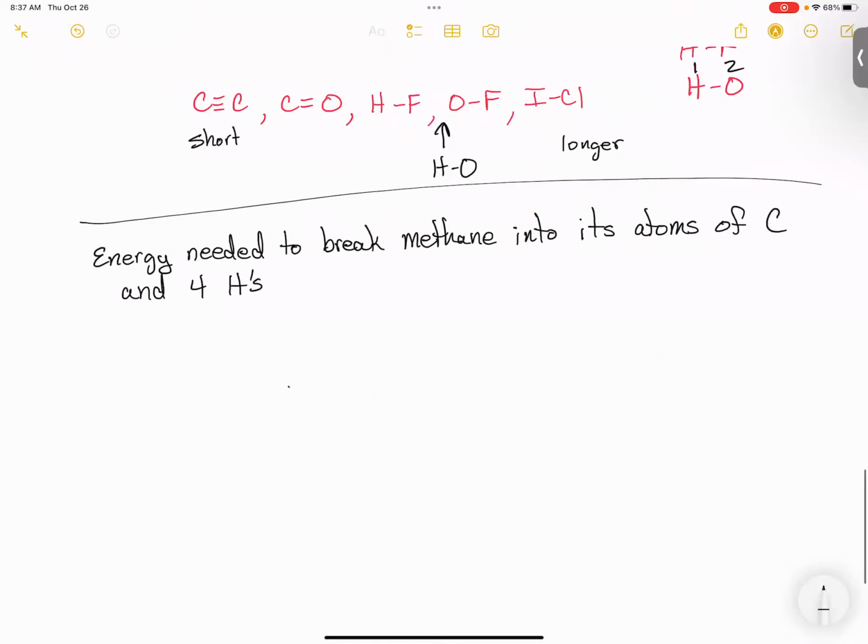So methane, its Lewis structure is this. When you look up the bond energy for CH, it is 414 kilojoules per mole.